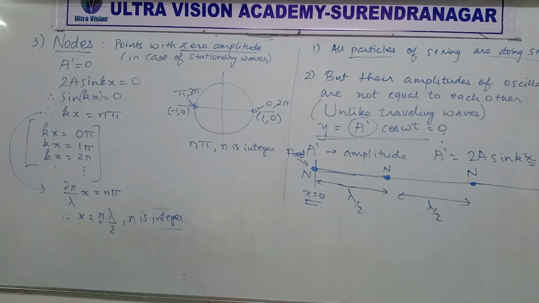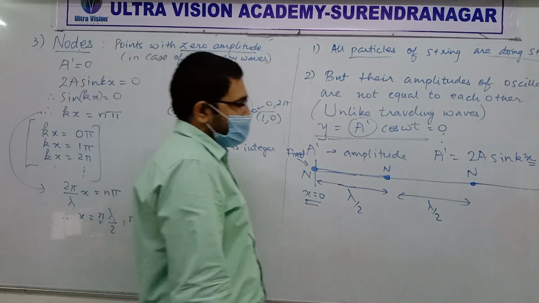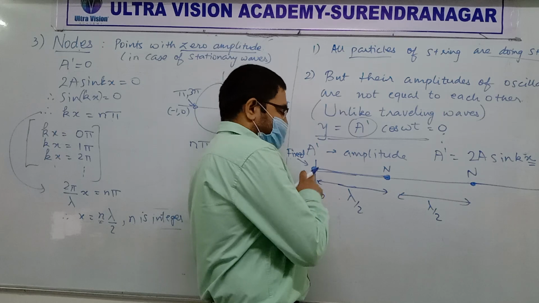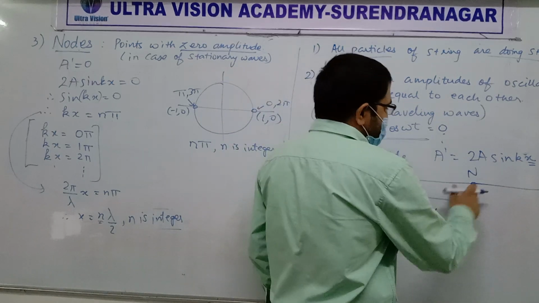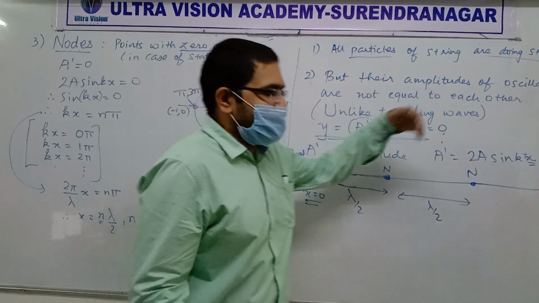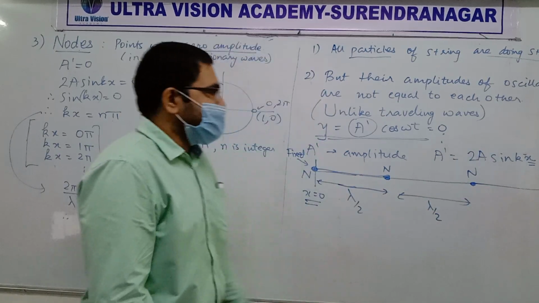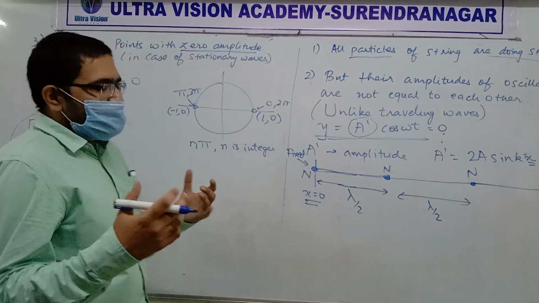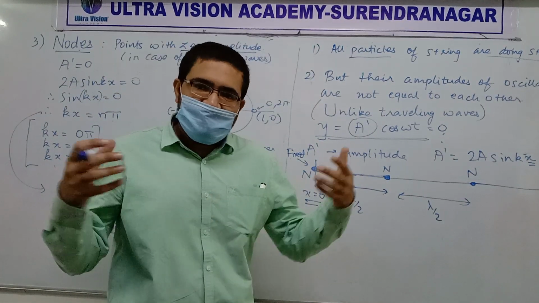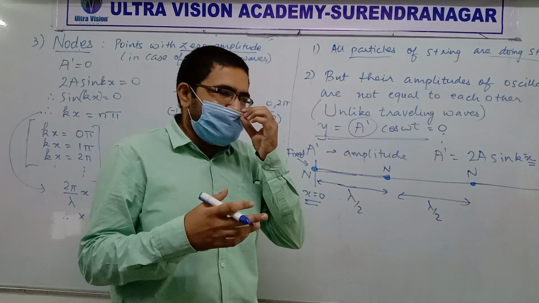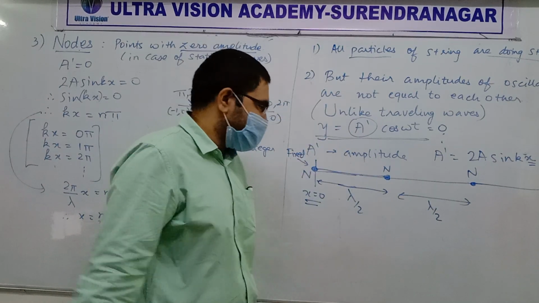Okay. But there is a very interesting phenomenon going on here. It is what is happening at this point, at this point, or at the next node. When the two waves are coming together, they are superposing as they move, left to right and right to left.